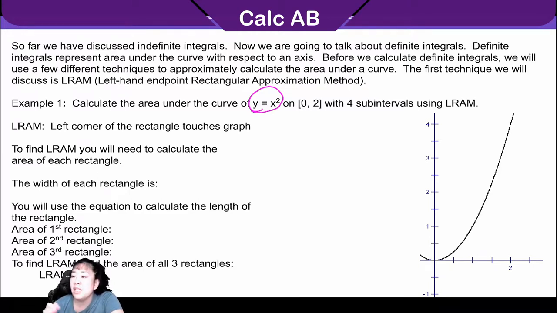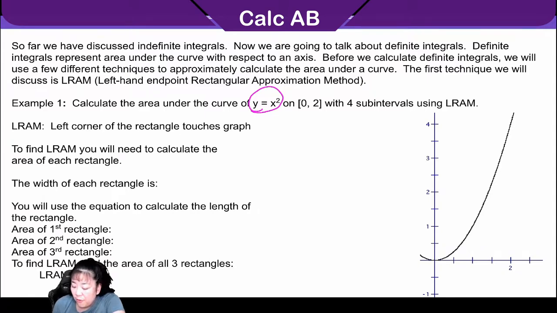And in the end, we will find what we normally do with actual equations, which is the exact area under it. So you will never use an approximation method for an actual equation because you'll be able to find the exact value. And why would you find an approximation?